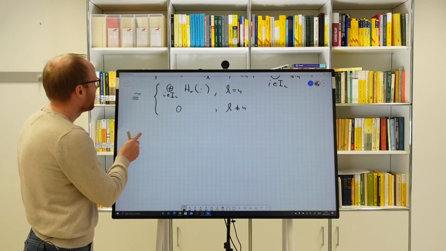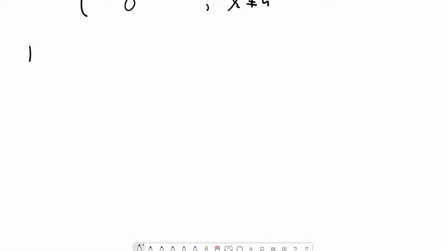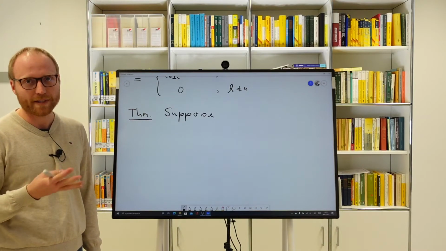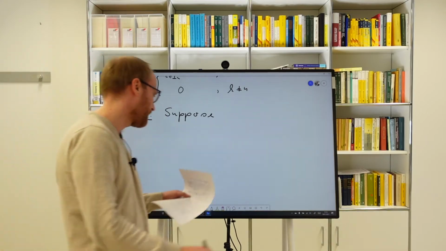And now the theorem we want to prove is the one saying that the homology of this cellular chain complex just is the original homology. To make our life a little bit simpler in the proof, we will assume that the CW complex is relatively finite, meaning starting from this subspace A, we only attach finitely many cells altogether.